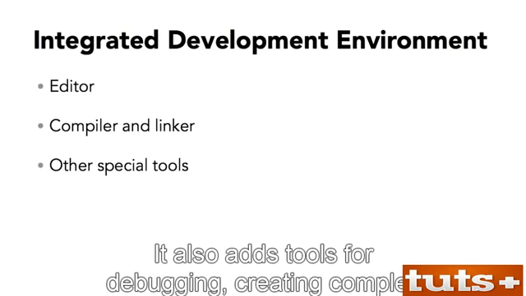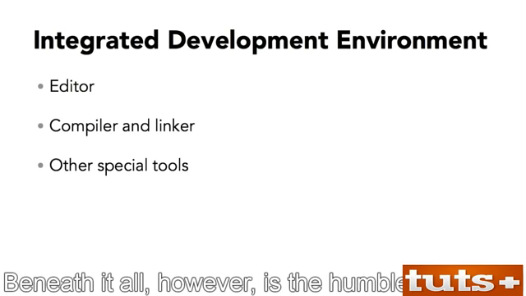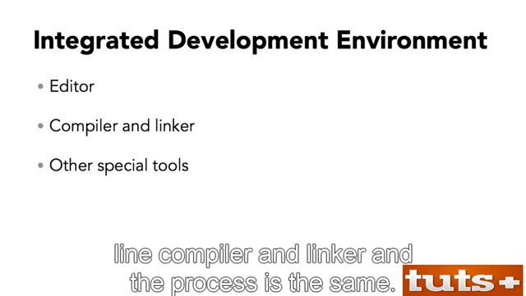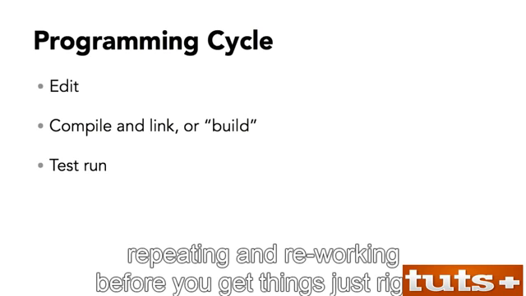It also adds tools for debugging, creating complex programs, graphical tools, and other features. Beneath it all, however, is the humble command line compiler and linker. And the process is the same. Edit, compile and link, run. Although in practice, you're going to do a lot of repeating and reworking before you get things just right.